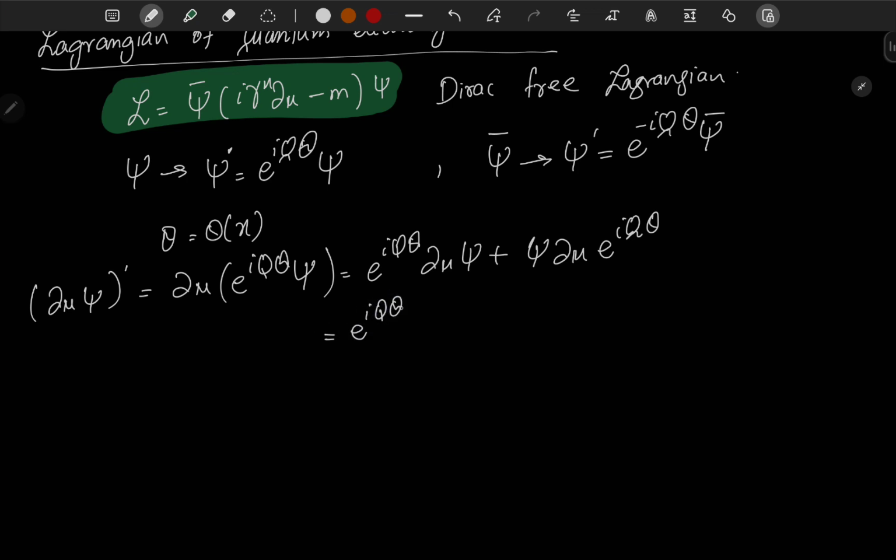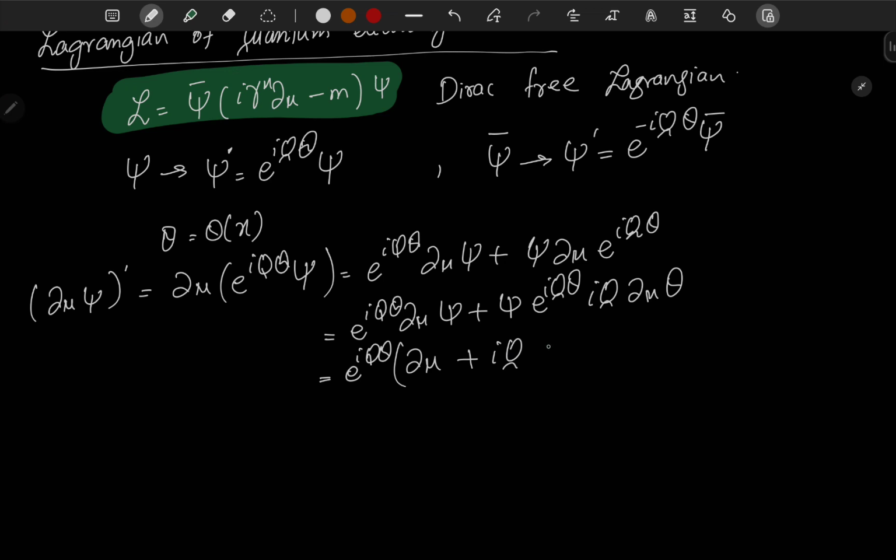So we get e to the iota q theta d mu of psi plus psi e to the iota q theta times iota q d mu of theta. Now if we take this outside, we will get d mu plus iota q d mu of theta.